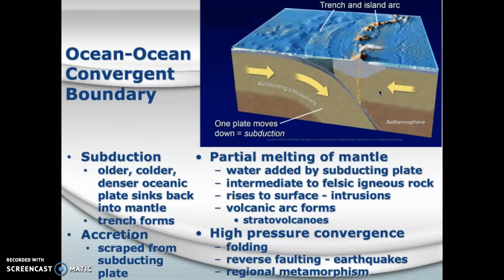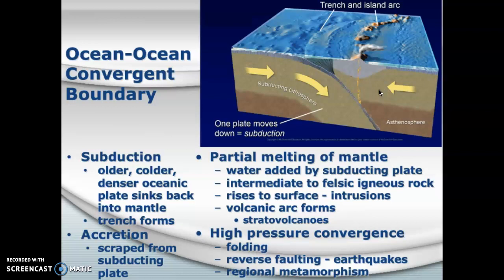The minerals that melt are the felsic to intermediate minerals, or at least those are the ones that dominate. And so that's what makes up our molten rock. So we start with mafic material, but we only melt some of the minerals, and those are the ones that form the molten rock, which then rises to the surface.